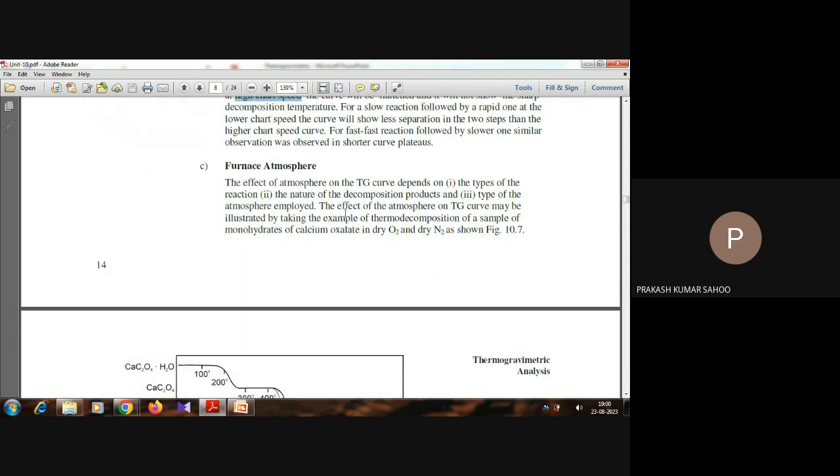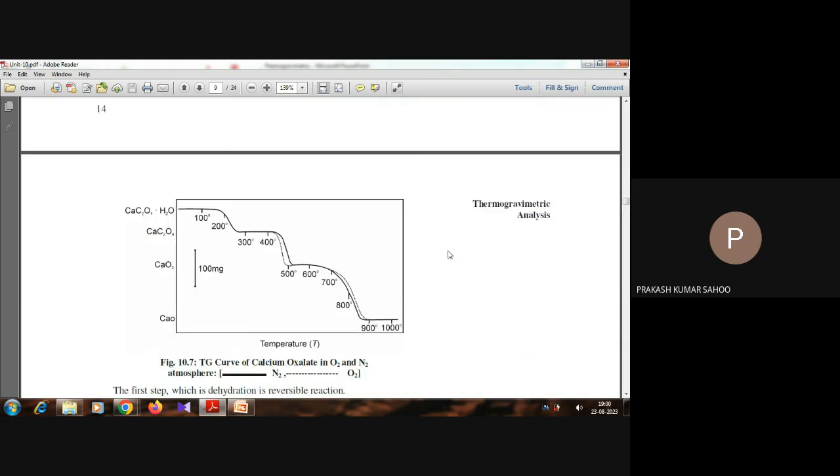Okay, furnace atmosphere is another important factor. The effect of atmosphere on the TG curve depends on the type of reaction, nature of the decomposition product, and type of atmosphere employed. Always a dry oxygen or dry nitrogen atmosphere is maintained. Then we have the same example here, calcium oxalate monohydrate.